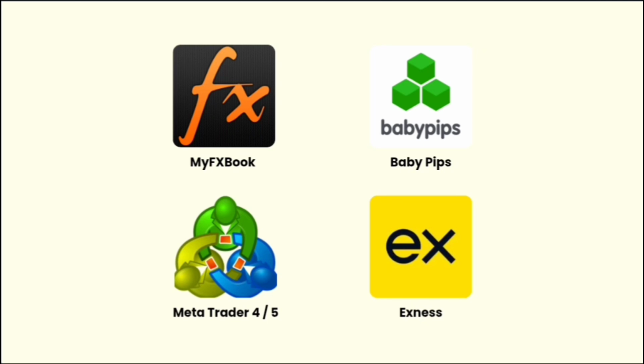We have MyFXBook, which has a position calculator, and then we have BabyPips. You can go to these websites to find them. Then MetaTrader 4 or 5 always have a lot size or position size calculator. And then Exness, which is a broker I use, has an inbuilt calculator, right? You can find all of these in the description below.